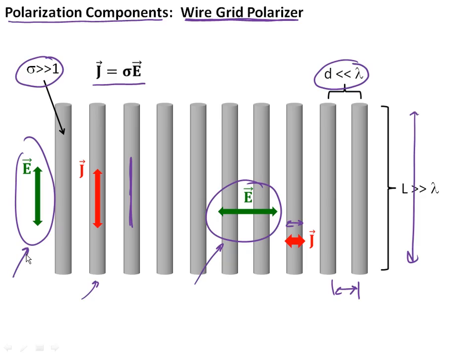So what this essentially means is that if I put this in front of a beam of radiation that's not linearly polarized, what comes out on the other side of the wire grid polarizer is going to be linearly polarized, and it's going to be polarized in that direction, orthogonal to the direction of the wires.